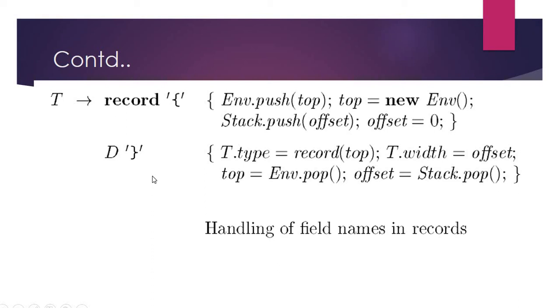We have to pop the previous environment, whose details are stored in the stack, and store it in the top. And the offset value, that also we have to pop from the stack and put it in the offset value. This is the way the compiler manages the environments differently for a record or a structure.